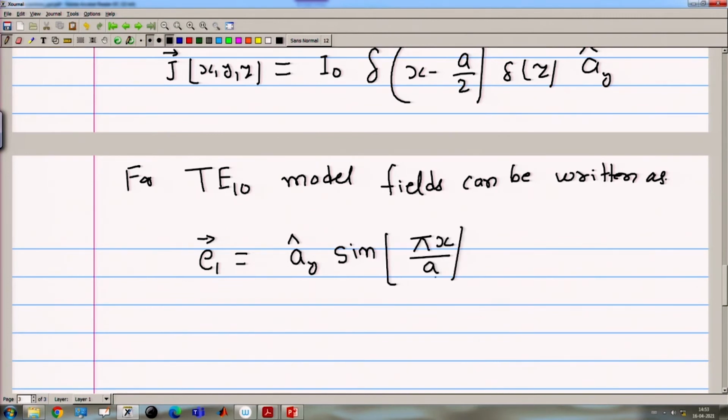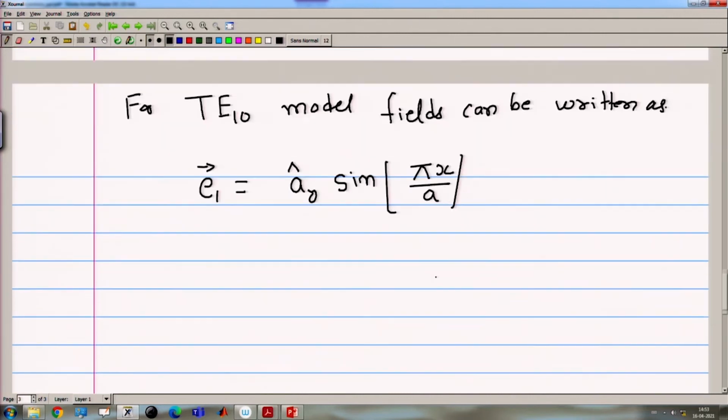So, this is the transverse component of the electric field. And H1 equal to minus a x times 1 by z1 sine of pi x by a.